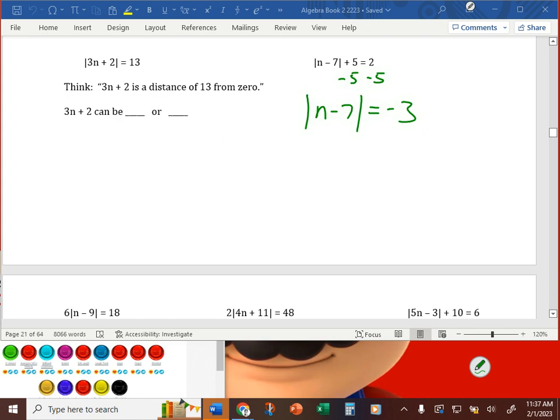For those who didn't hear what Andrea said, she is saying that if absolute value is a distance, which it is, what this equation is asking us is, n minus 7 is a distance of negative 3 from 0. That's not possible.